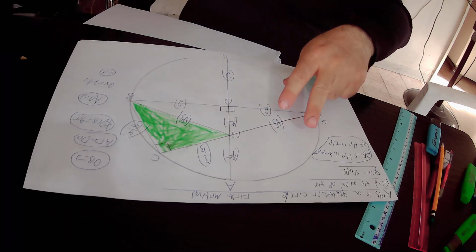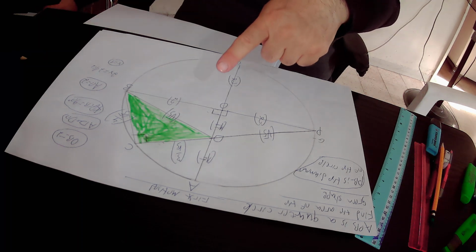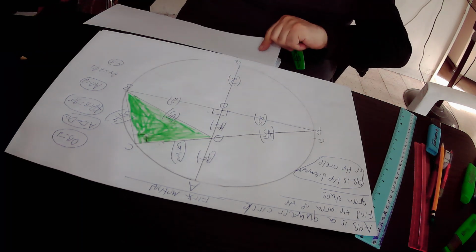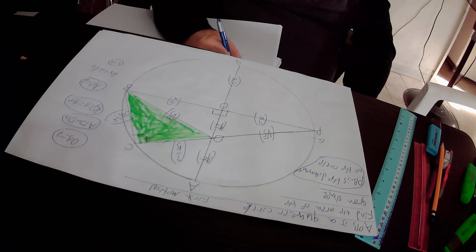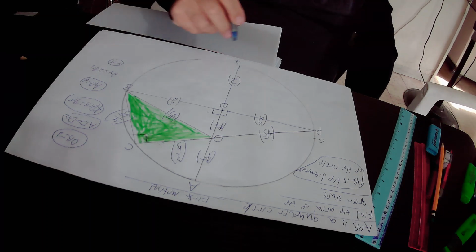Repeat again, our mission is to find the area of this green shape. It's actually the area of the right triangle DCB. So the area of the green shape is the area of the green right triangle DCB.